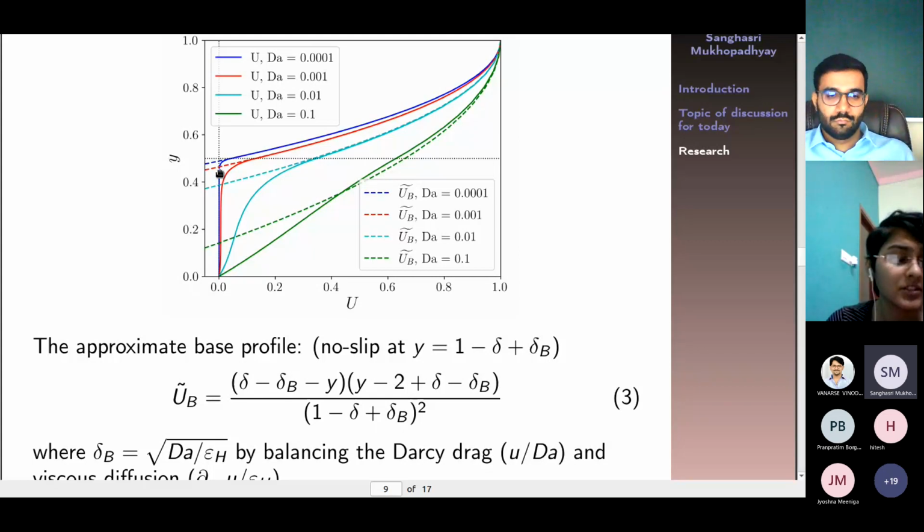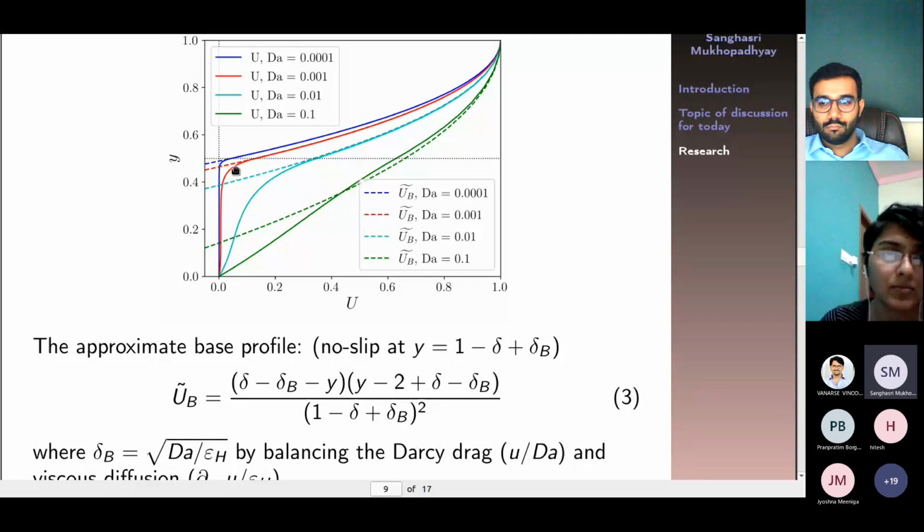If we approximate this velocity profile using the profile of the no slip condition, which is the parabolic profile that we normally get, it approximates quite well in the liquid layer. There is a deviation in the porous layer which is predictable, because it is the original solution from the porous layer itself. So that's how we have approximated this velocity profile.